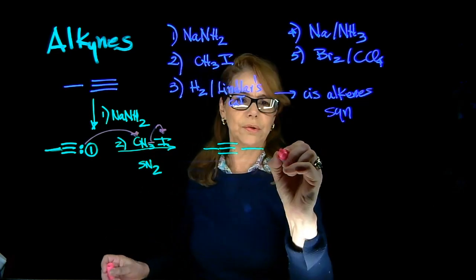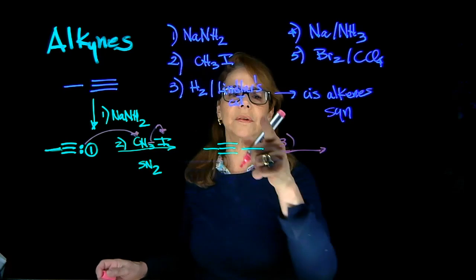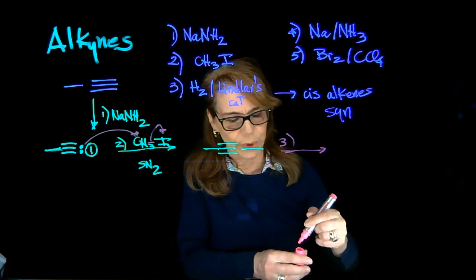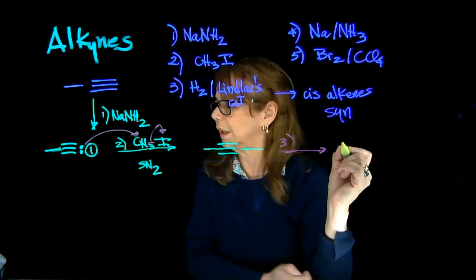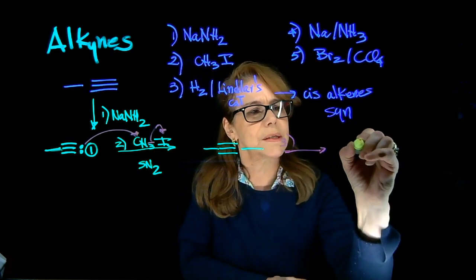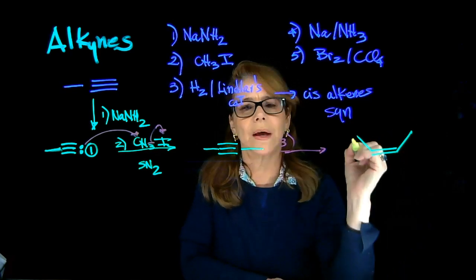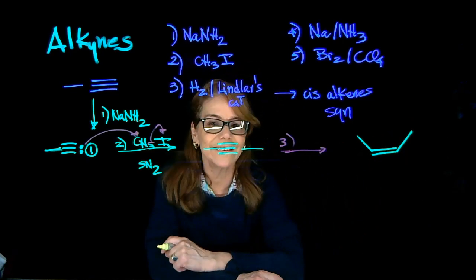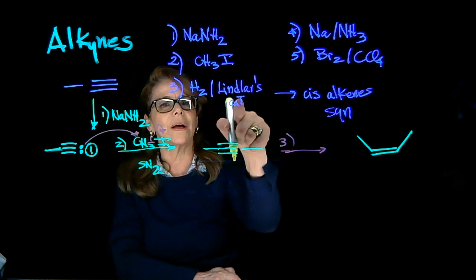That was reaction 2. Reaction 3, we're using this condition. With Lindlar, we are going to make then the alkene that is cis. I'm sorry, yeah, the cis-2-butene. So when you do that, that's your product after Lindlar's.